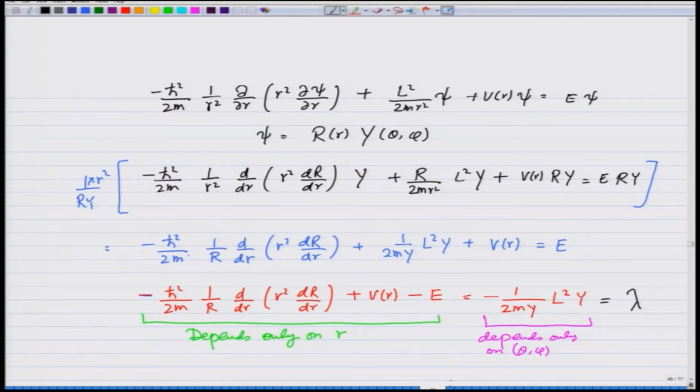And therefore, what you find is that minus 1 over 2m L square Y is equal to lambda Y. Immediately you know that Y is the eigenfunction for L square, and therefore, lambda should be equal to nothing but minus l(l+1) h cross square over 2m in this case, because there is an extra 2m sitting here.